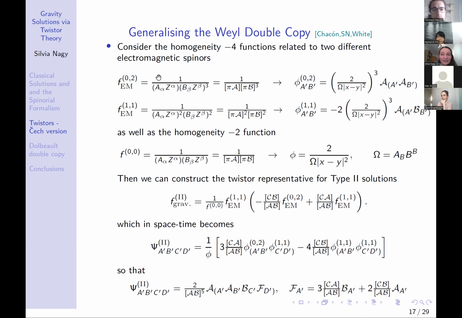And it turns out that one can do it explicitly by starting first with 2 different types of electromagnetic twistors for electromagnetic fields. So one, this thing I called 0,2, will give you the degenerate version, and the 1,1 will give you the non-degenerate.